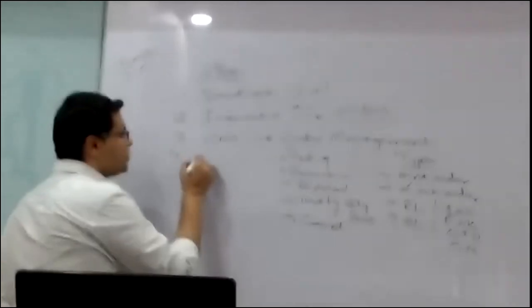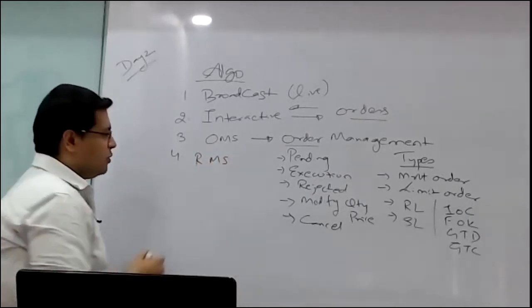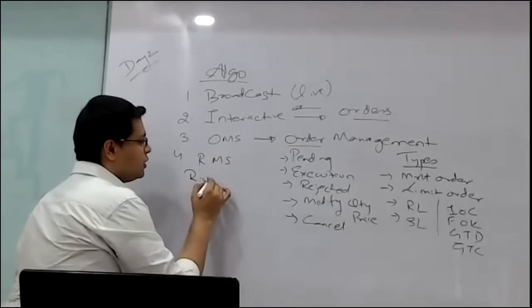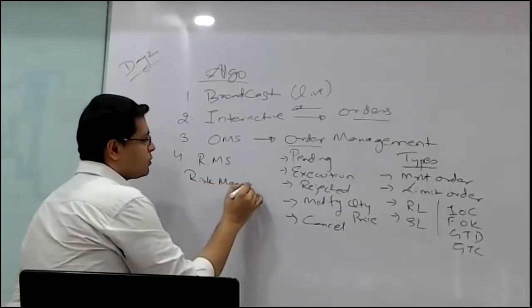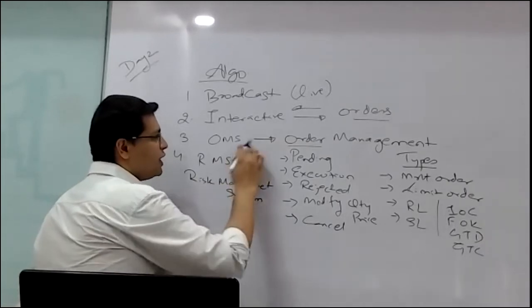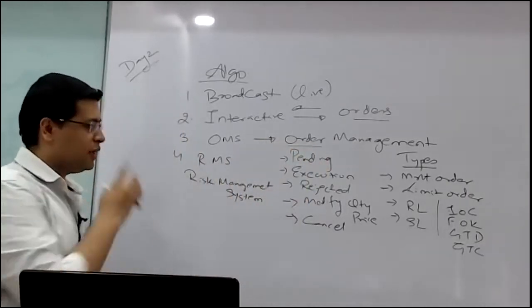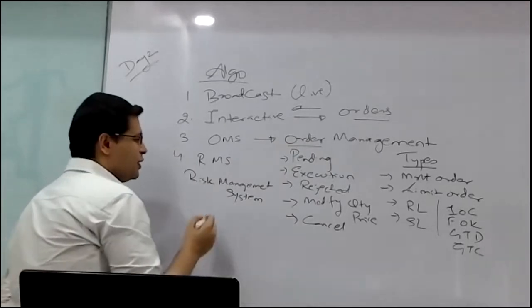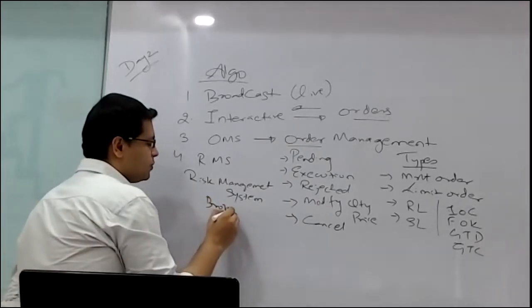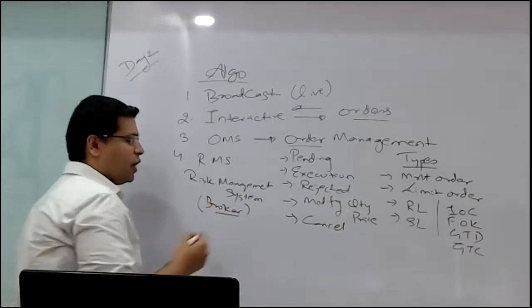Then you had something which is very critical and important called RMS. RMS is nothing but your risk management system. Before you are sending any order, it has to go through RMS, right? And who will set this RMS? It's basically the broker who will set the RMS, how much quantity is allowed or not.